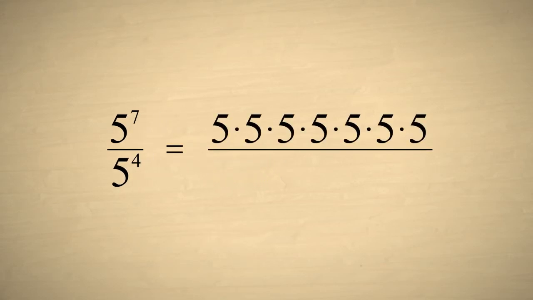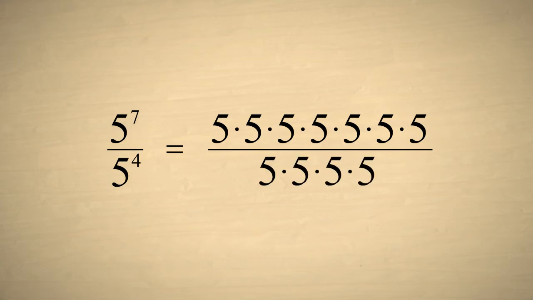But what happens if we divide two exponential expressions with the same base? Let's try as an example 5 to the 7th power divided by 5 to the 4th power. This is the same as 7 5's multiplied together divided by 4 5's multiplied together.